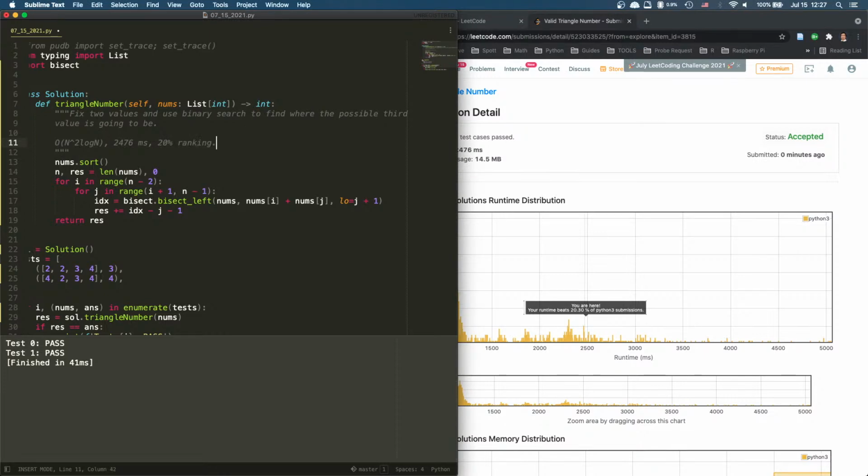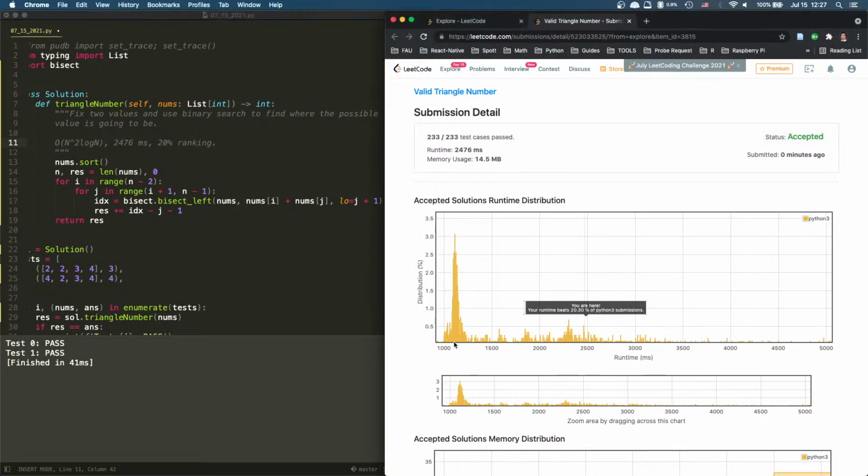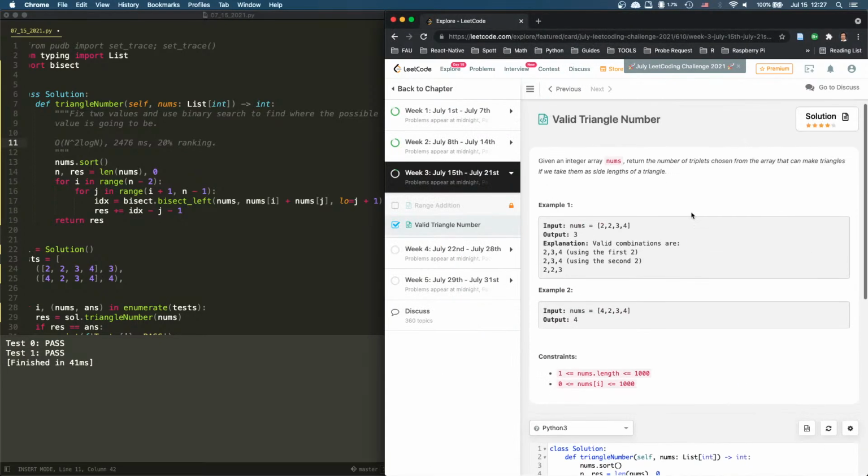And apparently, we have something much better, twice as good, right? So let's give it another thought. Triangle number. How can we learn it fast?